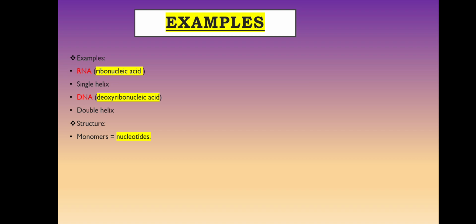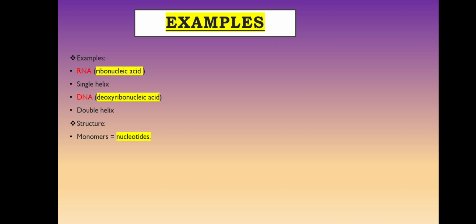While RNA is ribose nucleic acid. It is also composed of phosphoric acid, pentose sugar and some cyclic bases containing nitrogen. RNA contains beta D-ribose sugar. In RNA, the bases are adenine, guanine, cytosine and uracil.